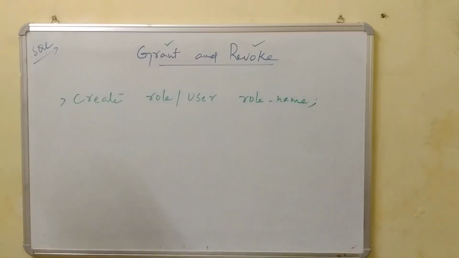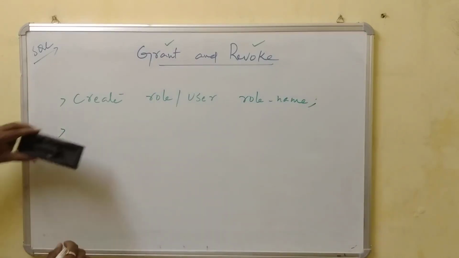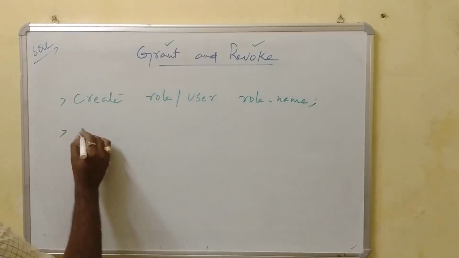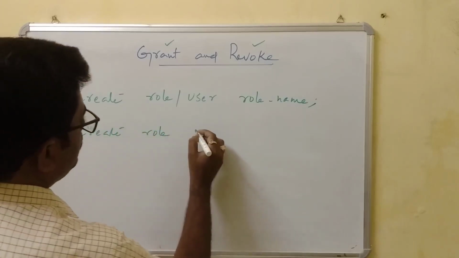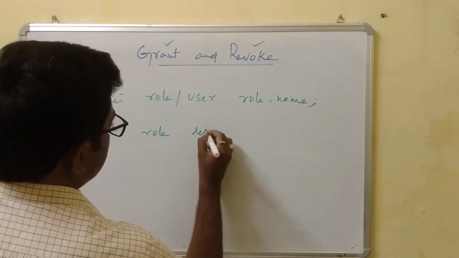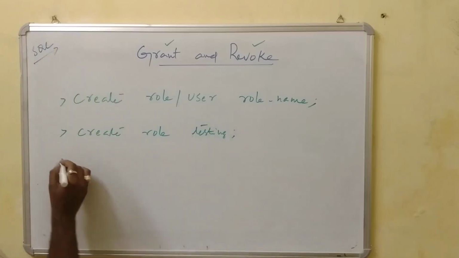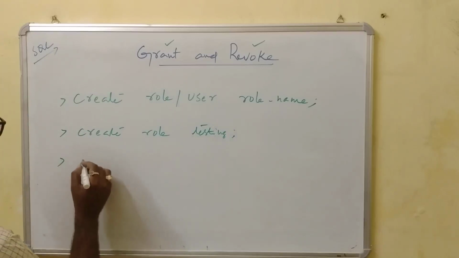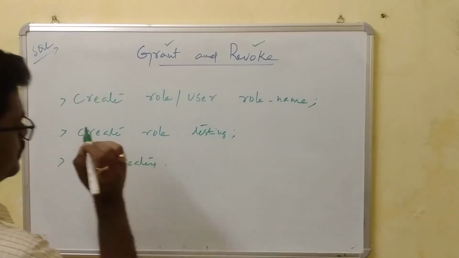Once it is created, you will get the prompt that the role is created. We will see an example: create role, some testing. This is the role we wanted to create. After the role is created, the prompt will come.